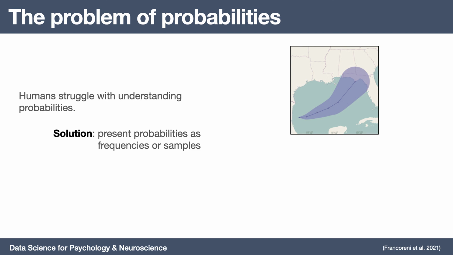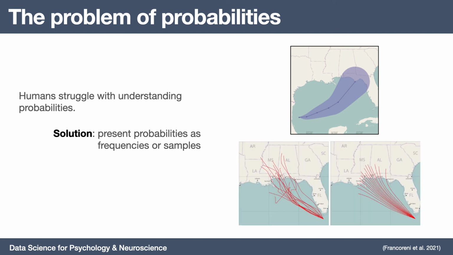So an alternative way of plotting this uncertainty is to just plot estimated trajectories, either using actual data of actual hurricanes, or simulations of hurricanes, or smoothed out data like you see on the right. In both of these cases, we're just taking a few sample runs of discrete trajectories and plotting those on the map.